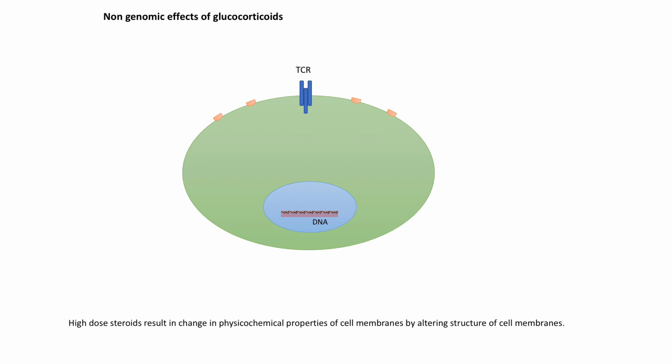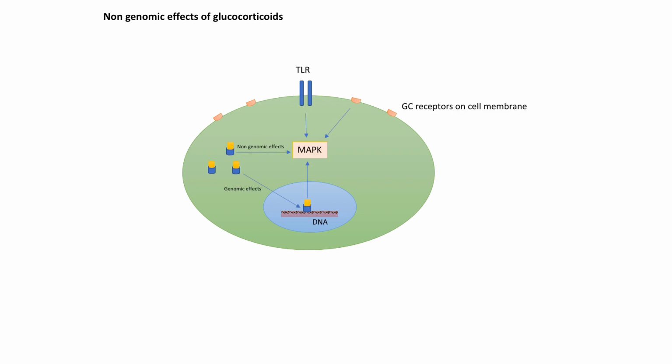High-dose steroids can interact with cell membrane and can alter structure of cell membrane. This affects transmission of ions through cell membrane and can significantly affect functions of cells. And this can result in profound anti-inflammatory and immunosuppressive effects. Glucocorticoid receptors are also present in cytoplasm, and these receptors can interact and inhibit other proteins like that of MAPK pathway.